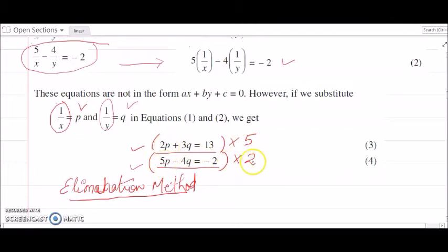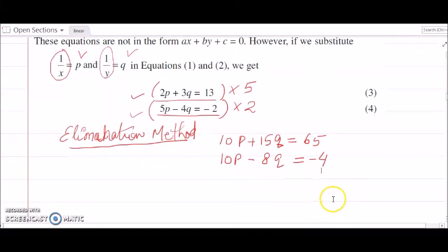If I multiply this 5 by 2, this will be 10. So your equations will be 10p plus 15q is equal to 65, and the second equation will be 10p minus 8q is equal to minus 4.